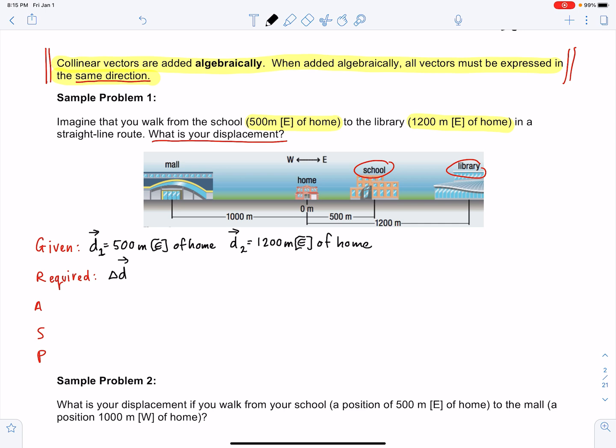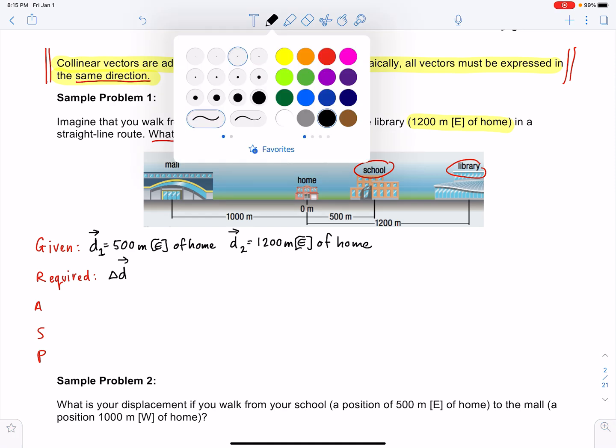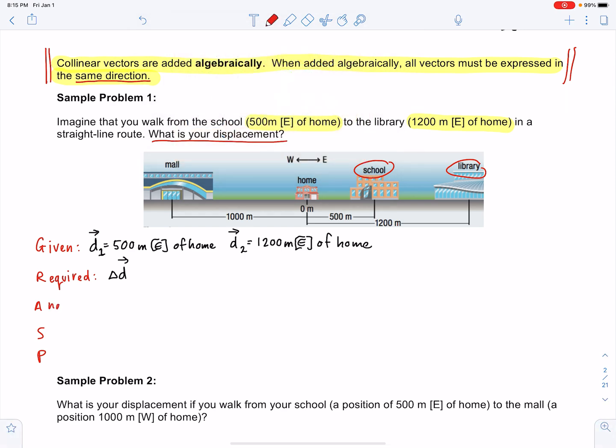The third part asks us to analyze which equation we will use. So we have two equations for displacement, one which we can use if we're given positions, and one in which we can use if we're given displacements.